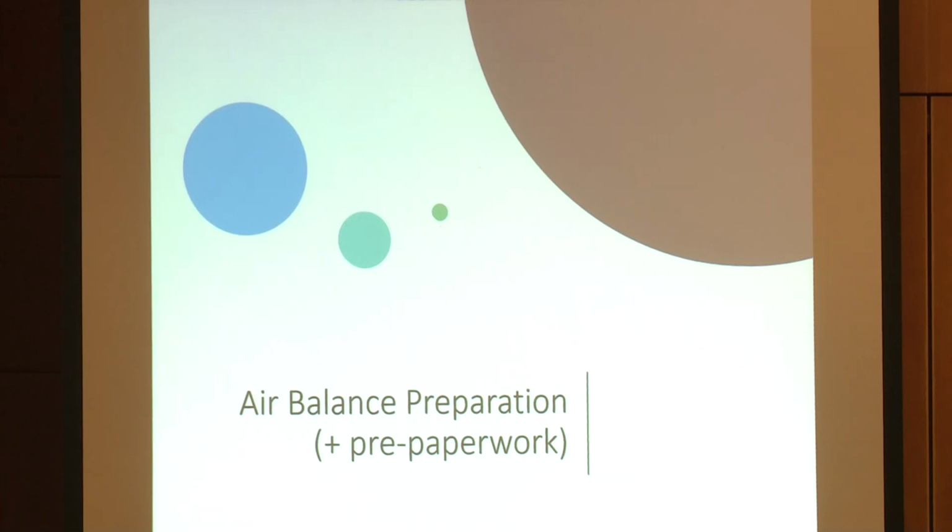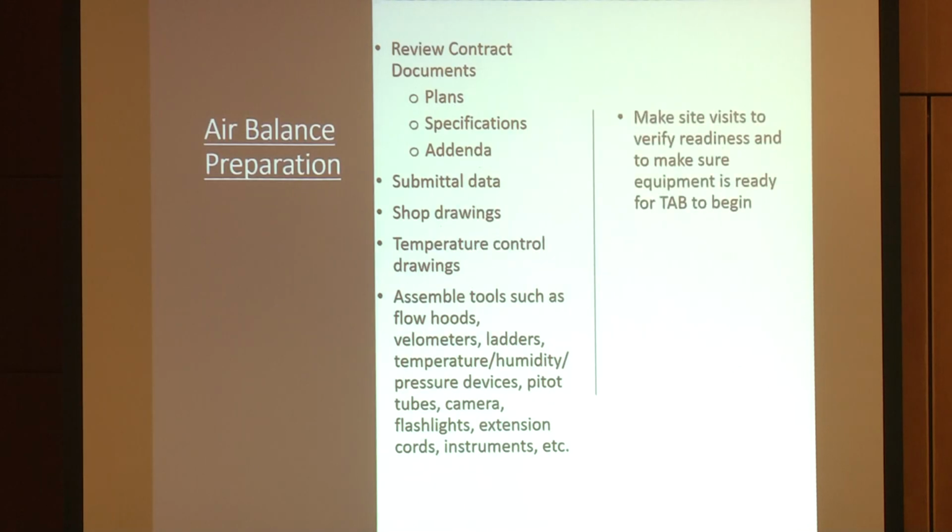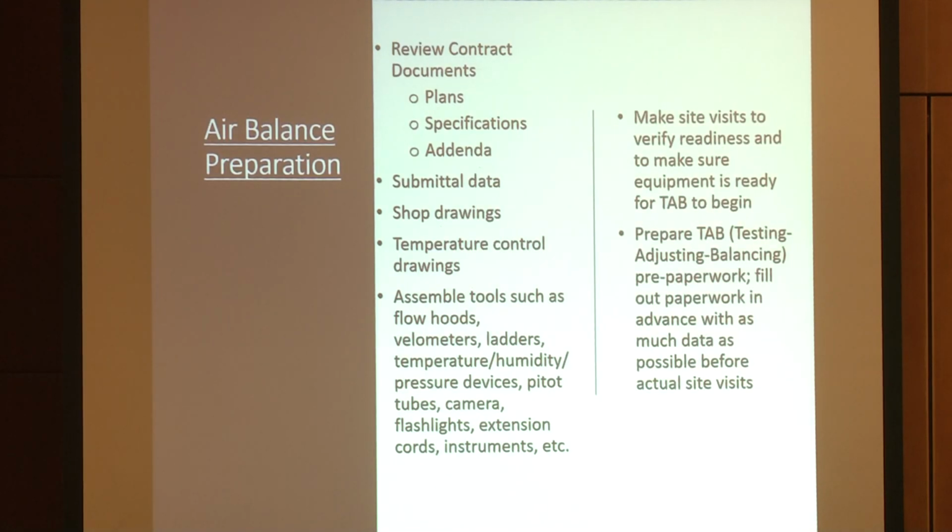So now we're going to practice what we do when we first come to a job and we're getting ready to actually do the air balancing. Very important that you go around and prepare. You have to review the contract, and we already told you earlier that you need to read the specification.